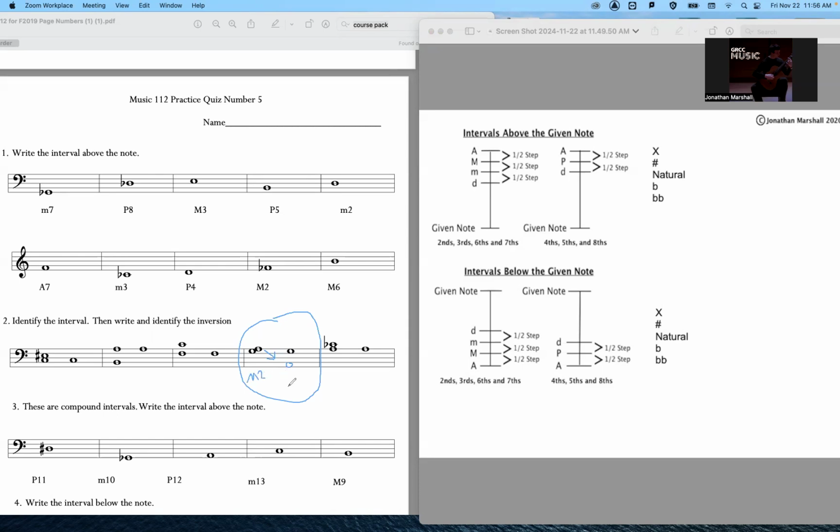Therefore, this would immediately be a minor 7th due to the method of inversion that we went over so much in class. I'll just write it down though. Remember, invert major, it becomes minor. Invert augmented, becomes diminished. And if you invert perfect, it becomes perfect.